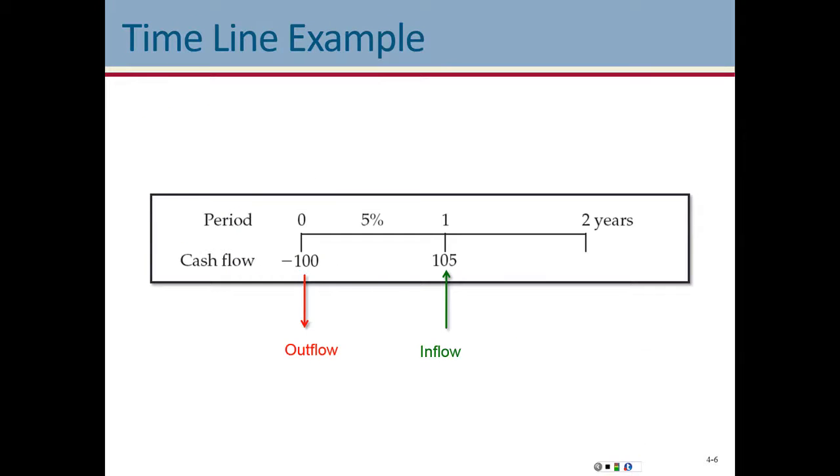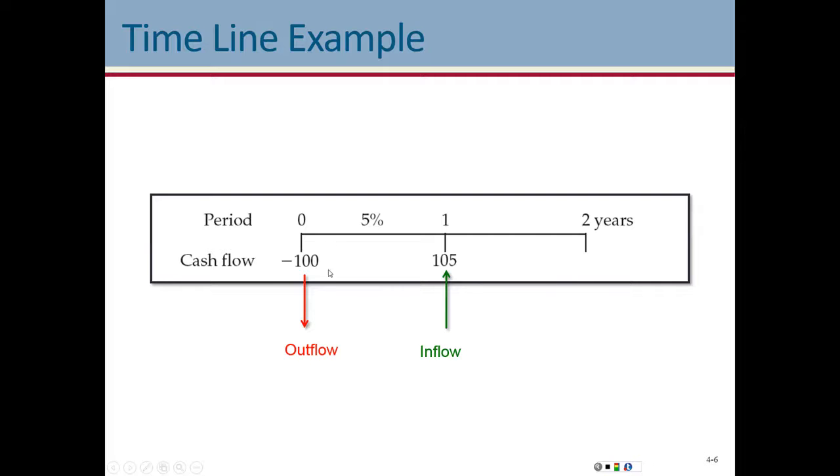We can organize our cash flows in what we call a timeline, which is something like this. Every time we use a timeline, we start at year 0, which is today. From year 0, we move into the future: 1, 2, or as many years as we have in mind. We're always going to have an interest rate, in this case 5%.